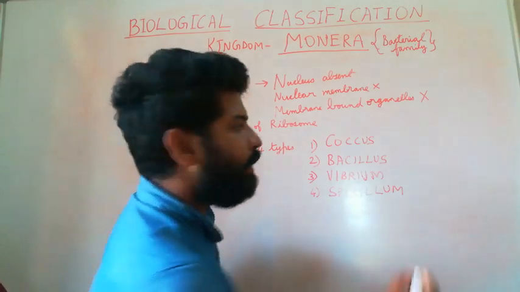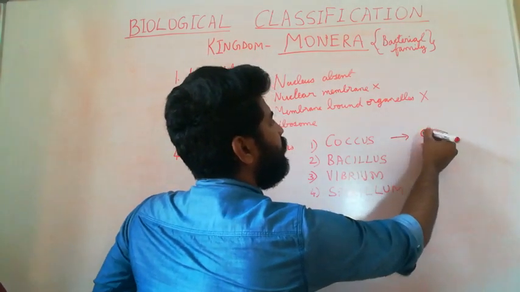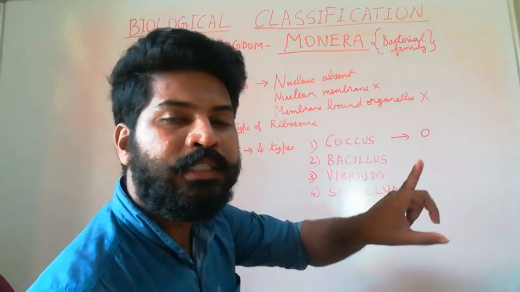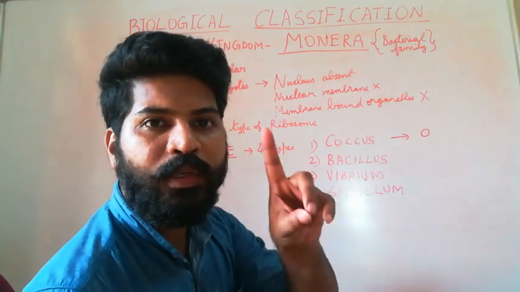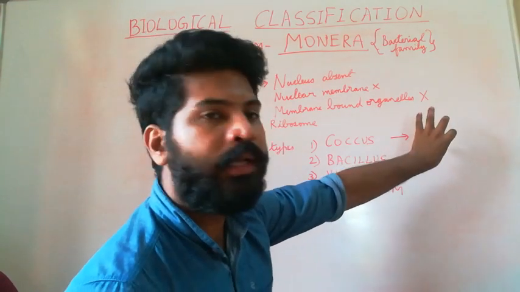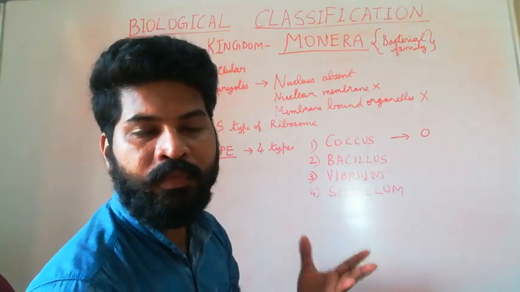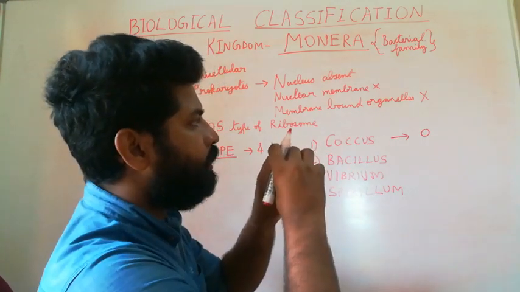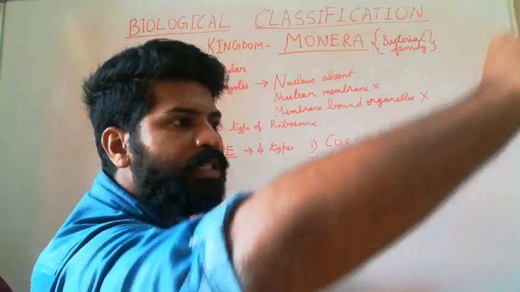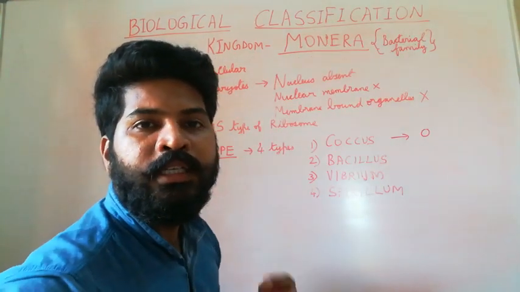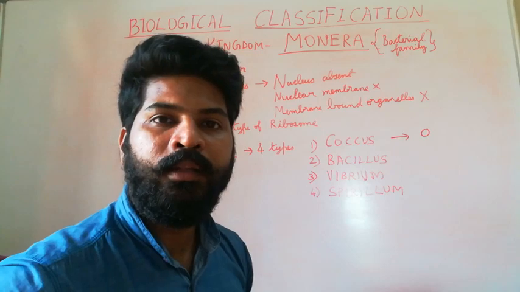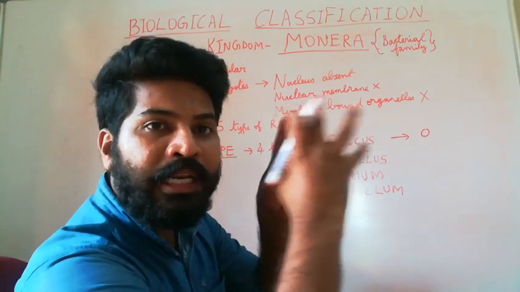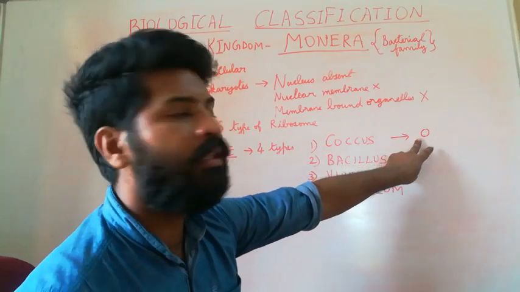Coccus are those bacteria that are spherical in shape. If there is only one single bacteria, it is called micrococcus. If there are two together, it is called diplococcus. If there are 4, tetracoccus. If these cells are arranged in the form of a chain, it is called streptococcus. And then there is staphylococcus, which is a cluster of these spherical cells.